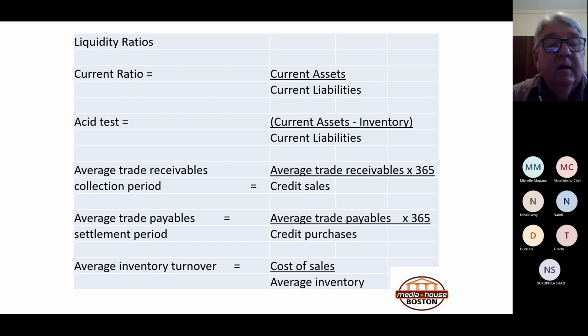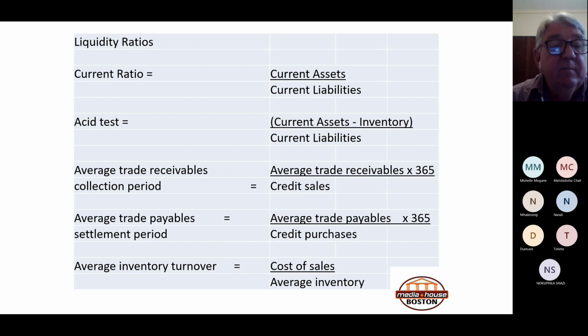We only use credit sales. We can't use all the sales because not everything was on credit. If everything's on credit, you will use sales, but it's normally not everything's on credit. And you will be given this information if you ever have to do this ratio. They will tell you how much of your sales is on credit and how much is cash.